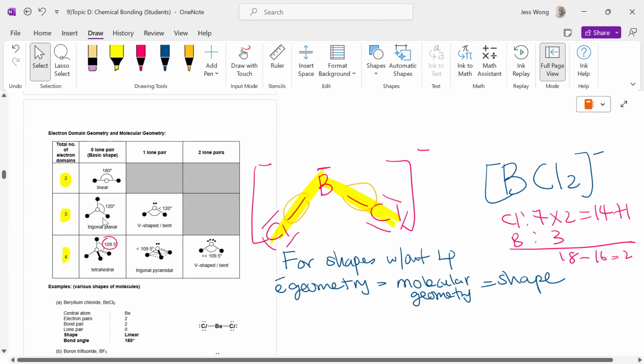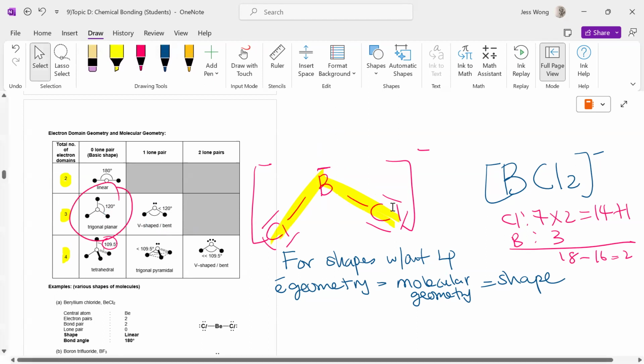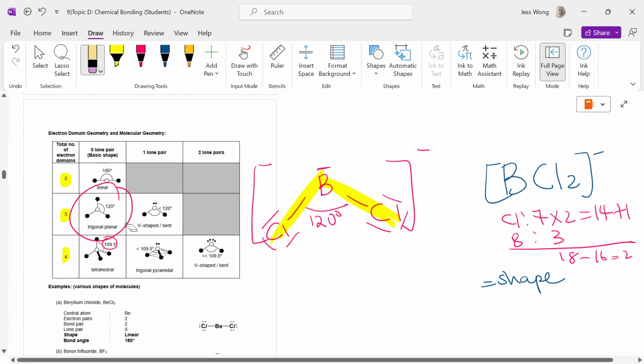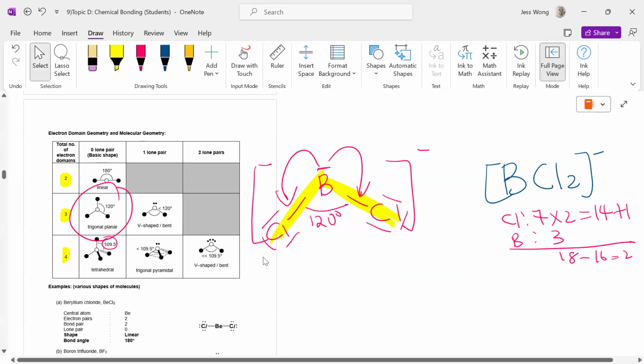Now, what about the bond angle? The bond angle starts from the electron geometry, which is 3. 1, 2, 3. So using 3, this is the starting. It should be 120 degrees. But because the structure has a lone pair, and this lone pair is pushing, this is going to be squeezed or compressed.